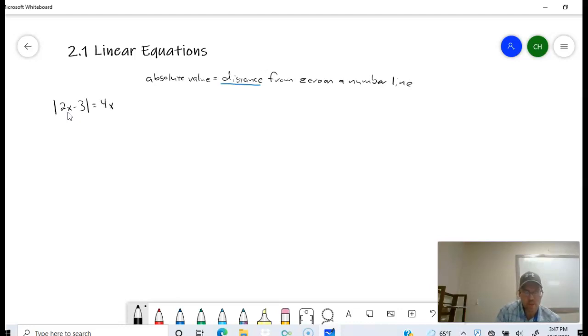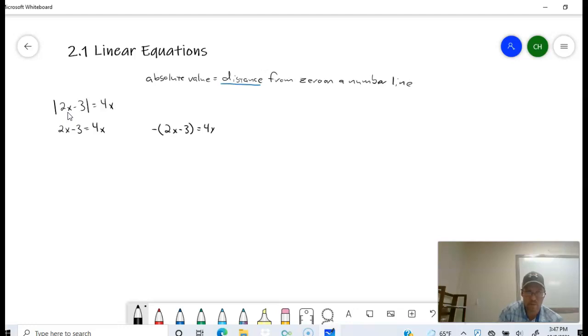Okay, so nothing I can simplify. I need to drop my absolute value bars. The way I do that is take what's inside it and set it equal to 4x, and take the opposite of what's inside it and set it equal to 4x.